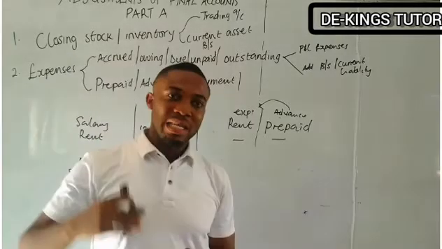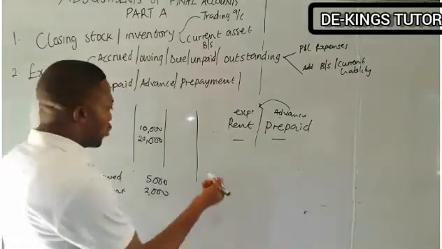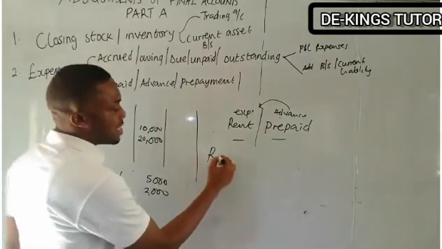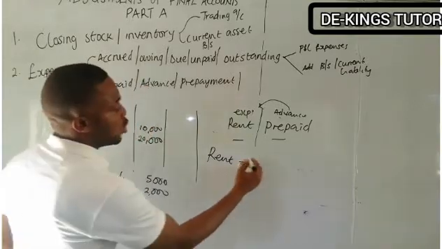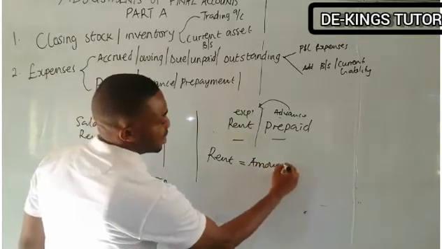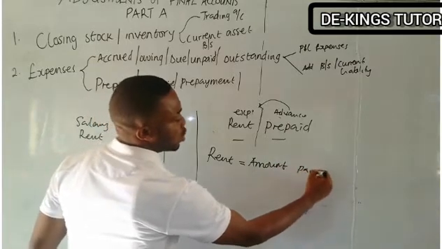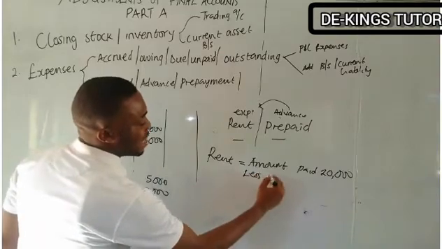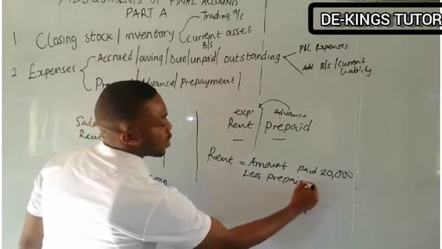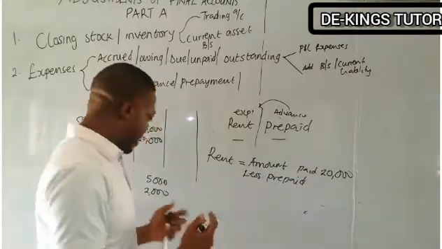To adjust it, the adjustment proper, we say the amount paid in the trial balance is 20,000. So you less prepaid. What's the prepaid? 2,000. So 20,000 minus 2,000 is 18,000.